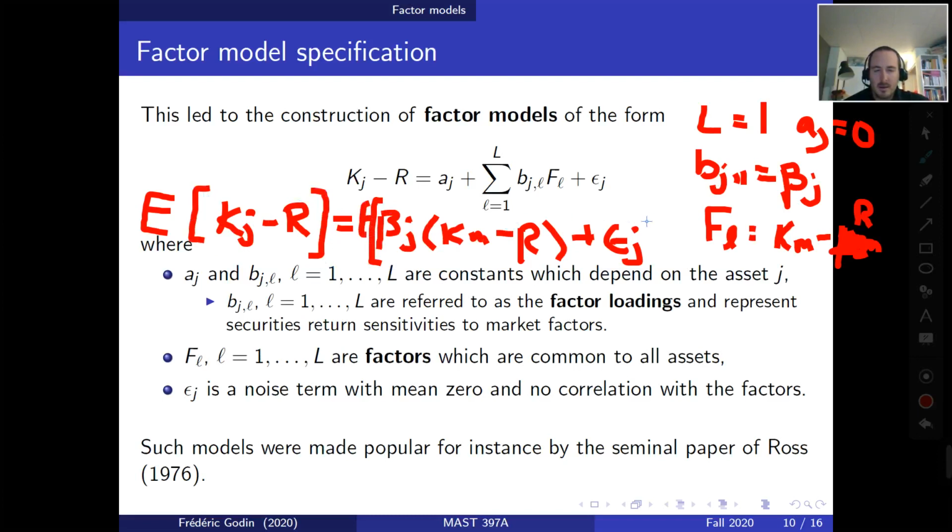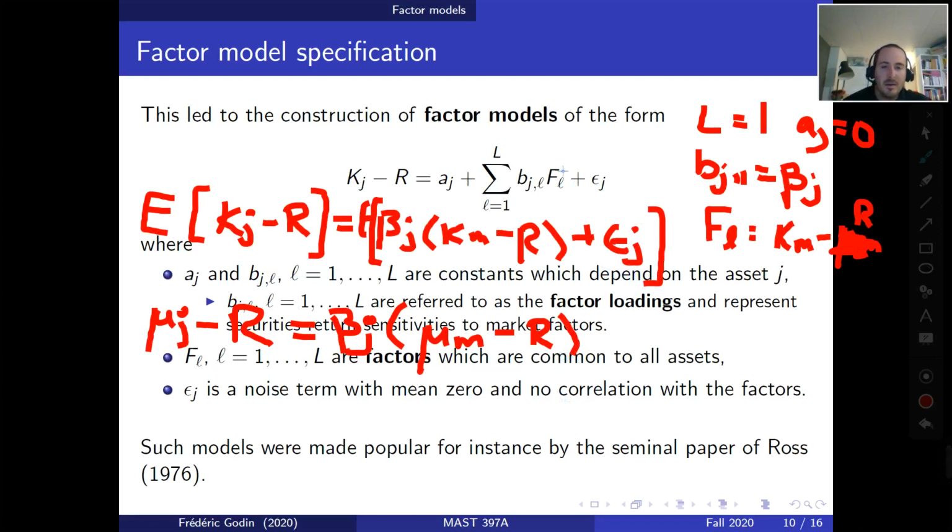On the left side, this becomes the expected return of the jth security minus the risk-free rate, is equal to, here beta is a constant, so it becomes beta_j times the expected value of the market portfolio excess return, mu_M minus R. And here the noise term, I think I forgot to say it, not only is it uncorrelated with the factors, but typically it's assumed to have a mean of 0.